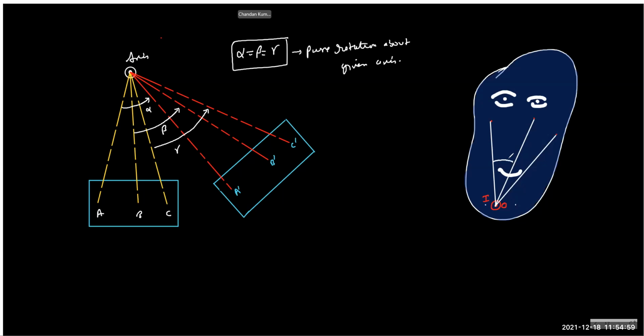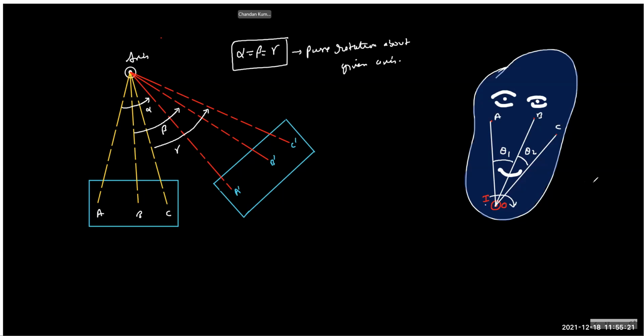So will this angle change, yes or no? Will it ever change? No. Definitely not. So if I rotate this about this axis, then every point will have a fixed relative position.